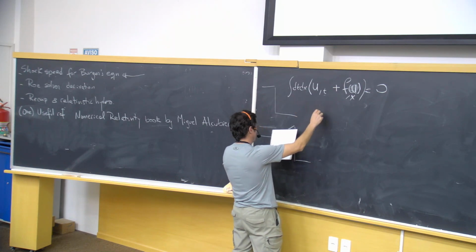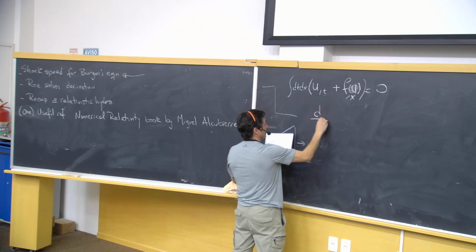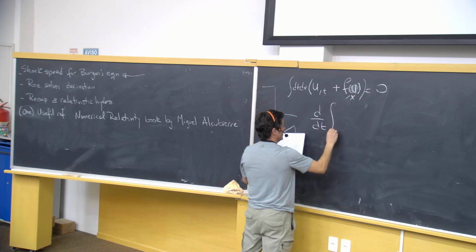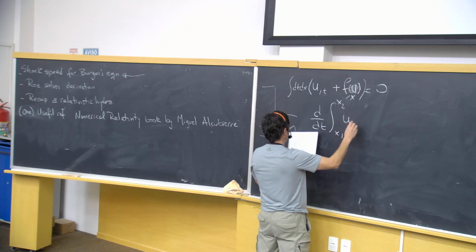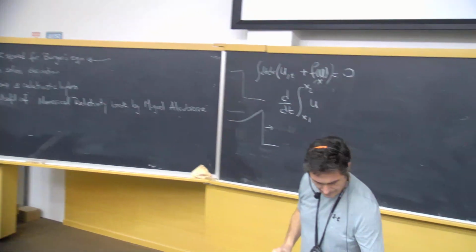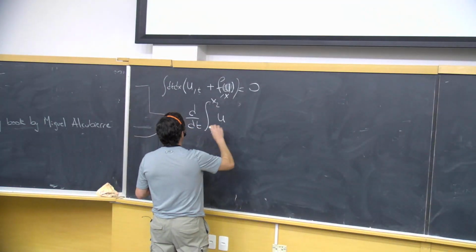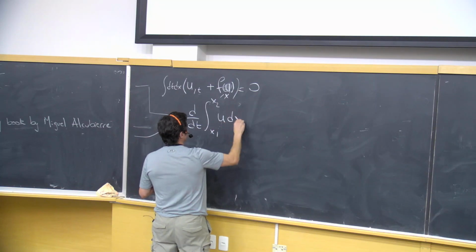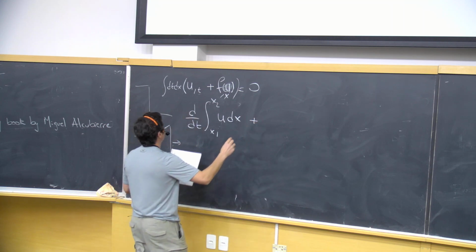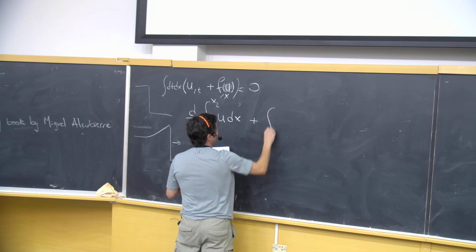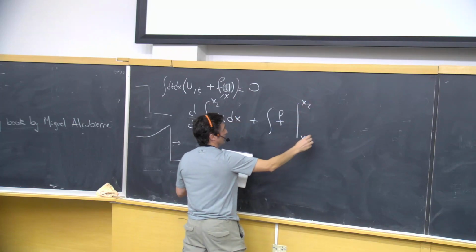When I take this integral, I have d/dt of the integral between x1 and x2 of u dx, plus the integral of f evaluated at x1, x2 equal to 0.